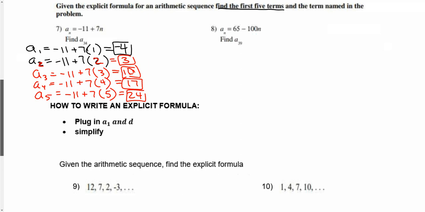So the explicit formula is just another way to get to the number you need. Now what I'm going to do is find this. So they want us to skip all the way and go to 34. So A sub 34.